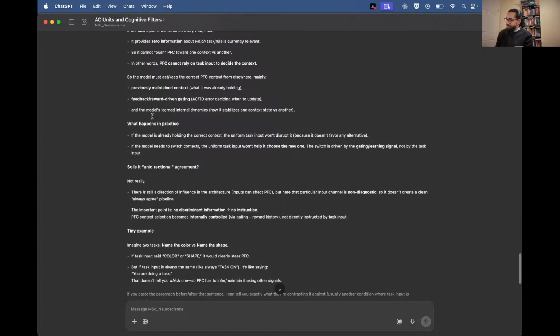Mm, okay. It learns from feedback and reward gating rather than task input.